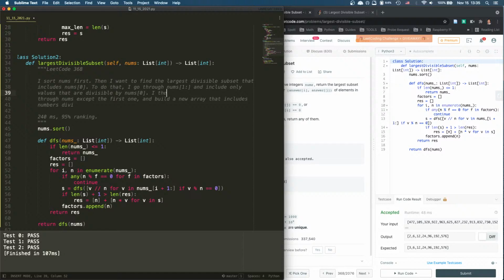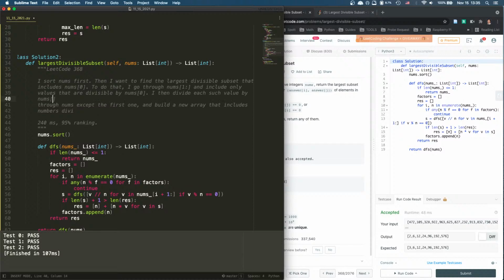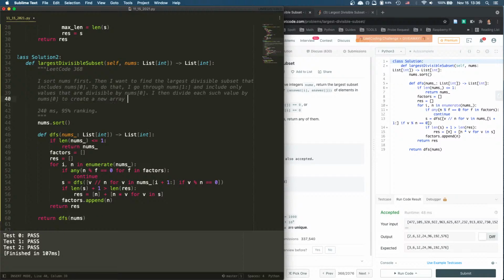I then divide each such value by nums 0 to create a new array. Nums prime, right? Aha, new array nums underscore. I then run the same function. It's the same logic on nums prime.